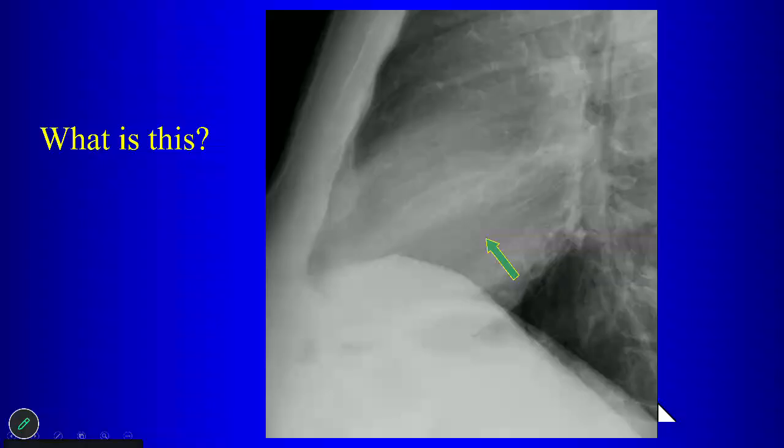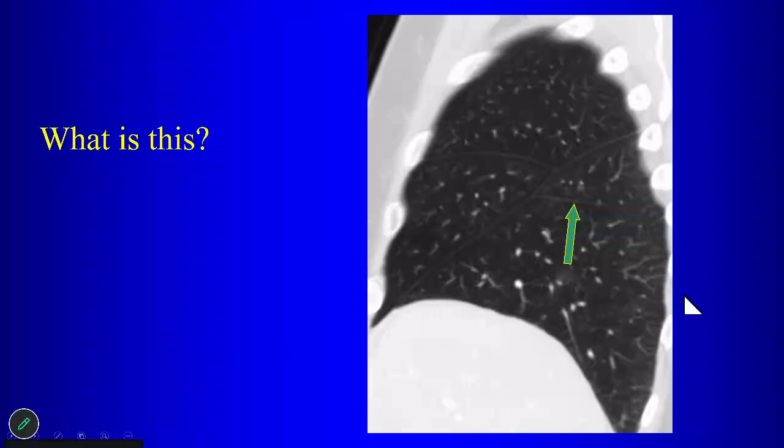It disappears below the heart because the heart is sitting on top of it. What's another clue that it's the left diaphragm? What's this underneath? Yes, the gastric bubble is underneath there. The right diaphragm you can see through the heart shadow, and the right major fissure usually inserts more anterior than the left major fissure.